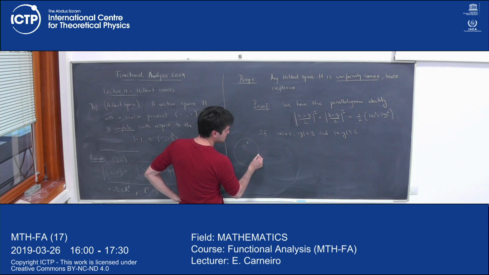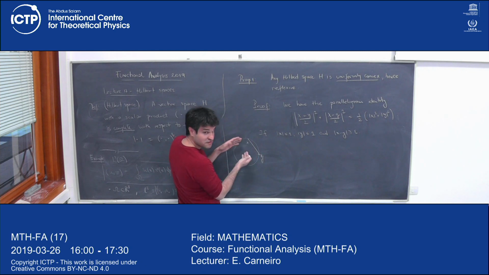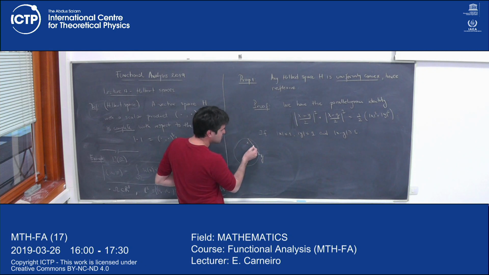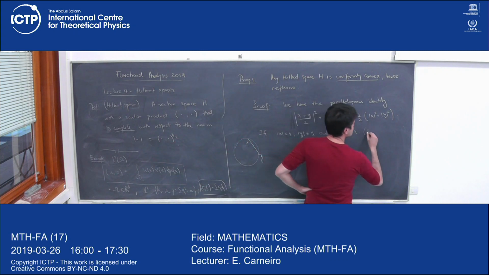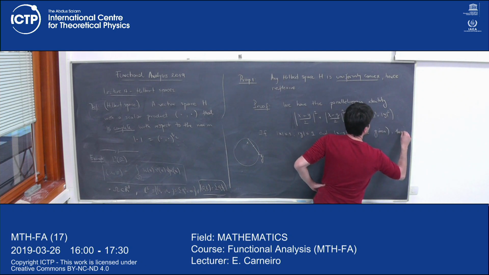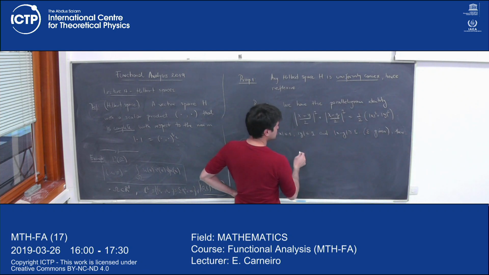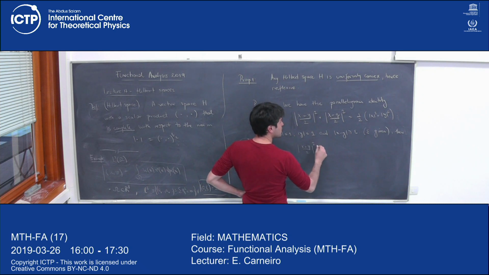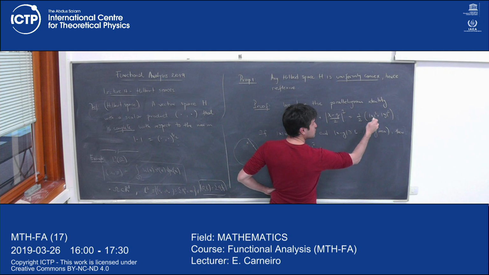So if you have x here, y here, with a certain distance epsilon between them, with epsilon given, then their midpoint has to lie within a distance delta of the border of the circle. With this, you get that |(x plus y)/2| squared is less than or equal to 1 minus delta.